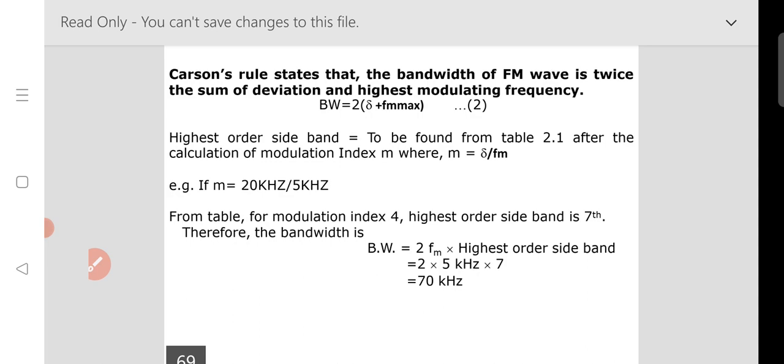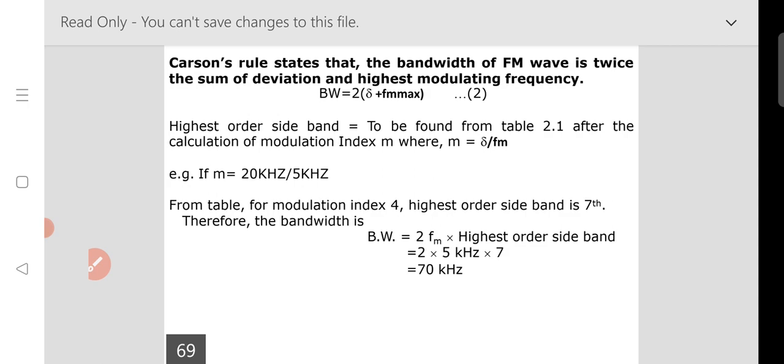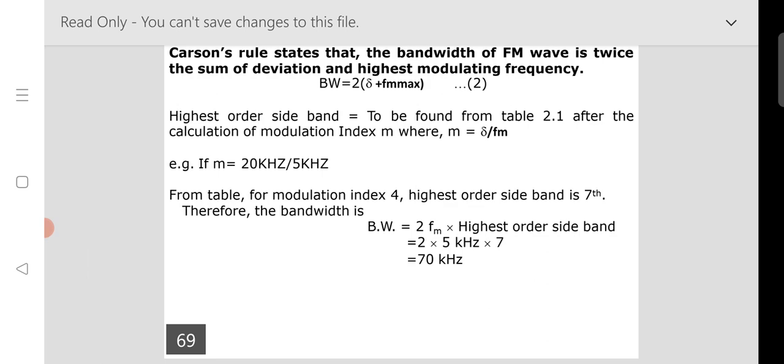The deviation is indicated by delta, plus the maximum modulating frequency, which means the maximum frequency of the message signal. So bandwidth is 2 into (delta plus fm maximum).